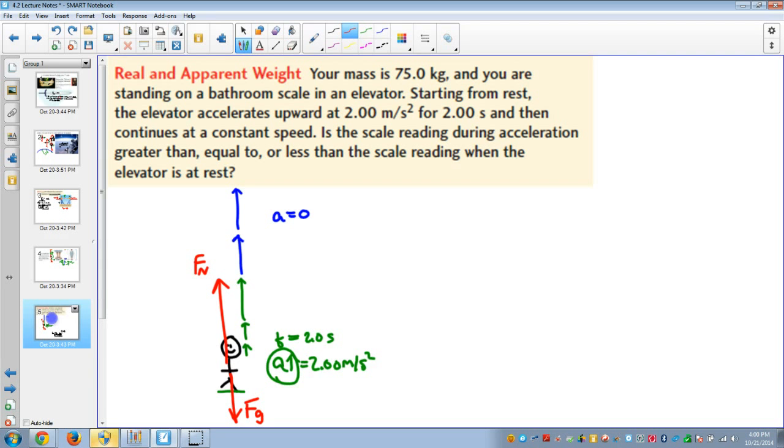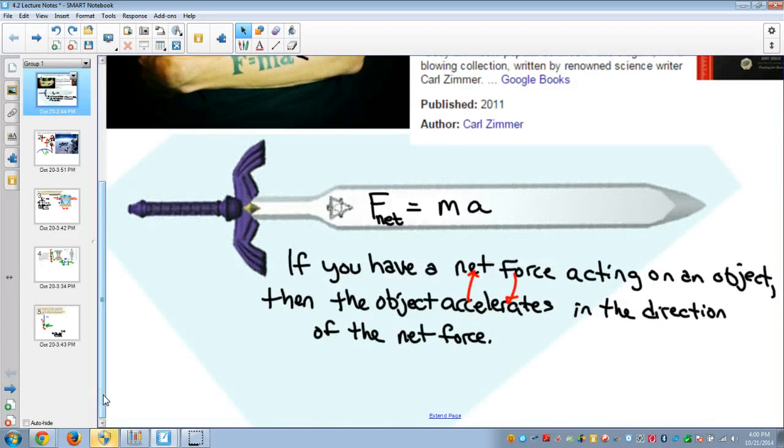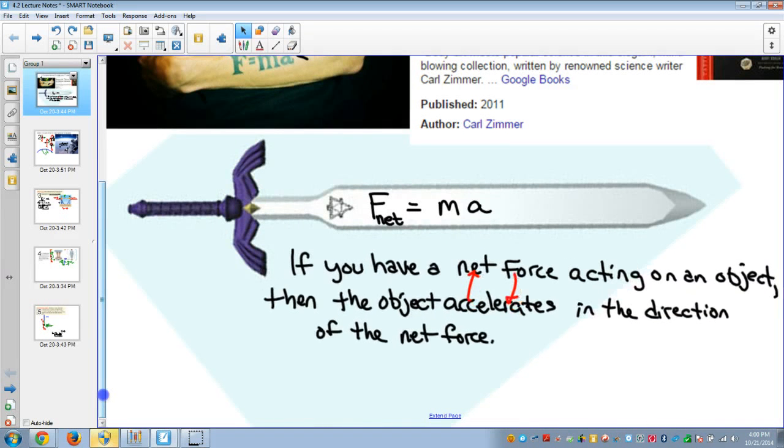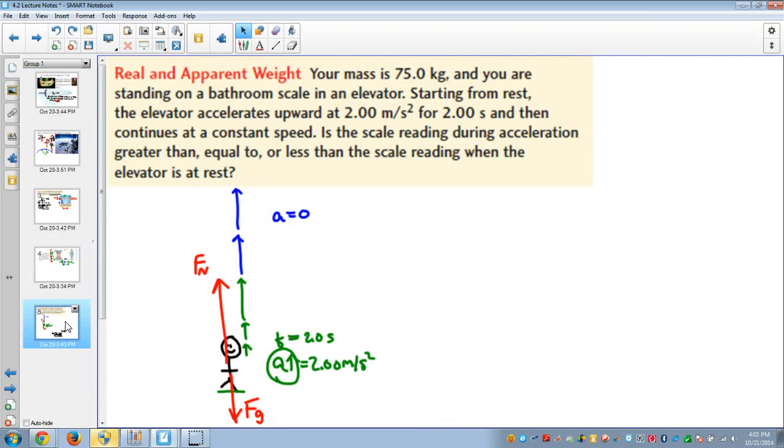That's the only way I can get acceleration, referring back to that master sword. If I have acceleration up, acting on an object, then the object has a net force in the direction of the acceleration. I'm just switching the words around, but it remains true. So the answer to this question is greater than.